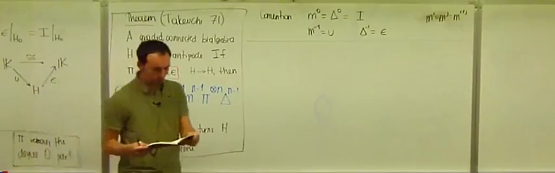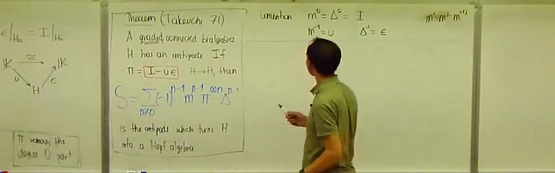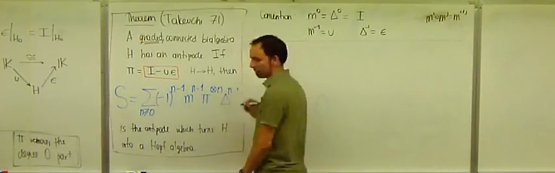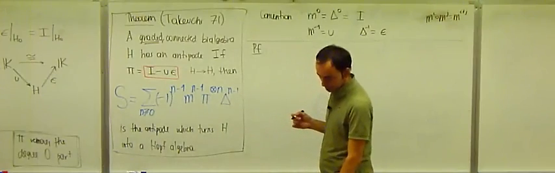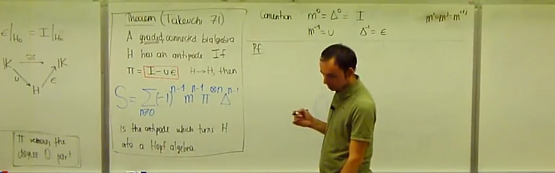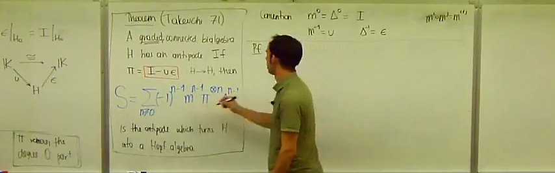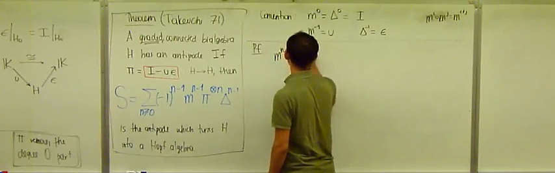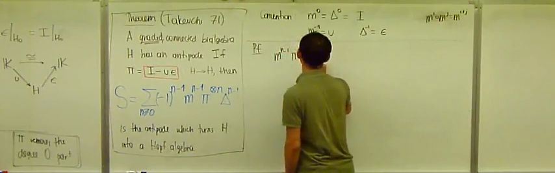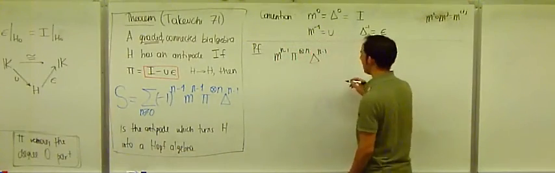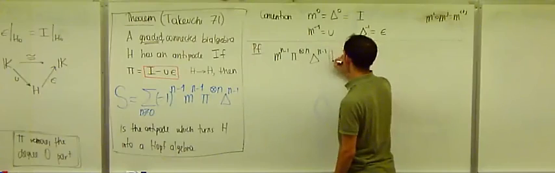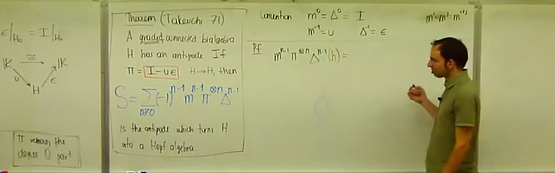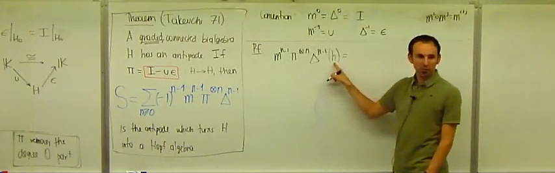Now that we understand that formula, we can prove it. So let me prove this formula. What is m_{n-1} of pi tensor n of delta_{n-1} of h? We can do this in Sweedler notation, right?